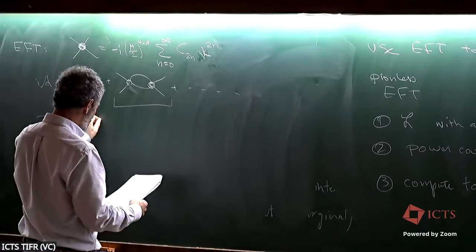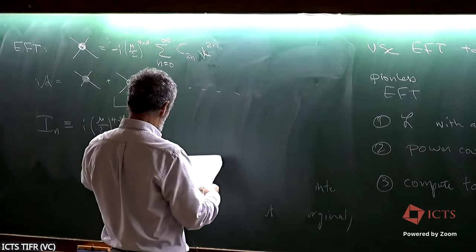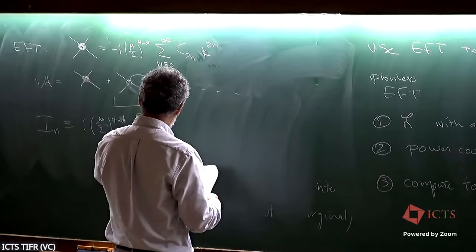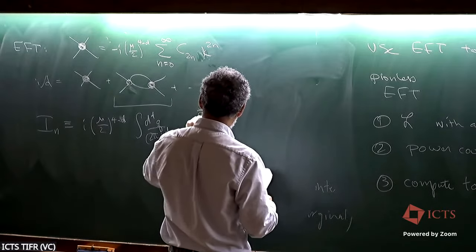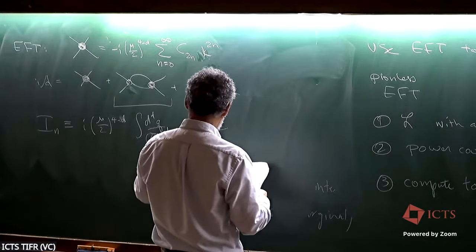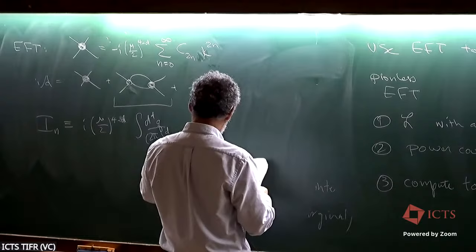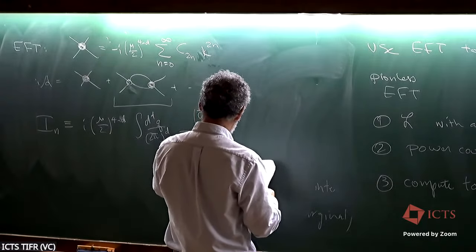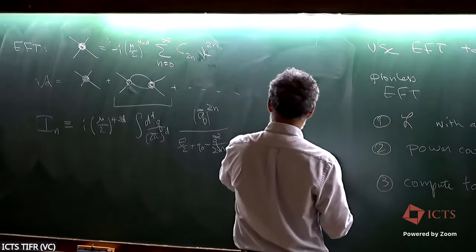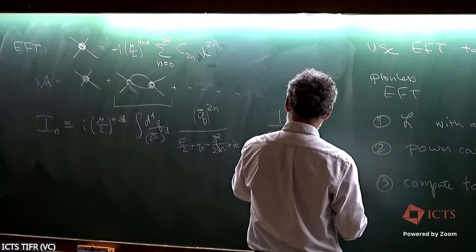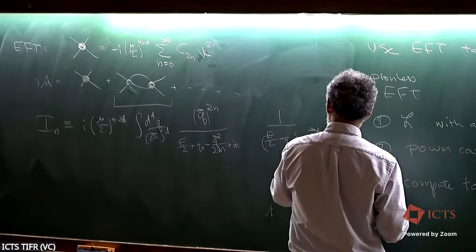So we take i mu over 2 to the 4 minus d times the integral dq over 2 pi to the d times q vector to the 2n magnitude, over E over 2 plus q naught minus q vector squared over 2m plus i epsilon, times E over 2 minus q naught minus q squared over 2m plus i epsilon.